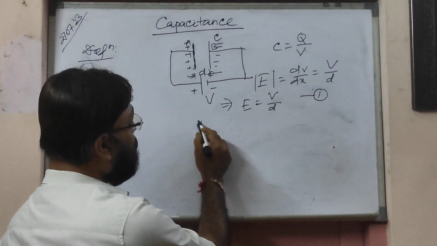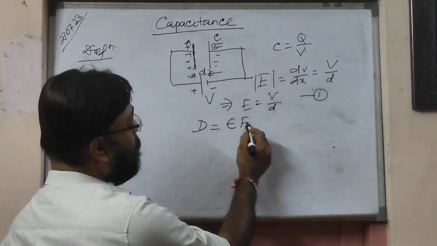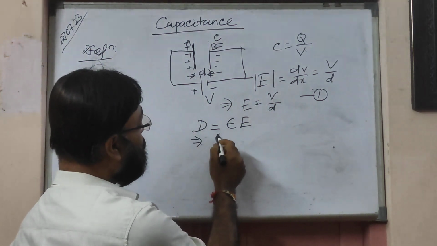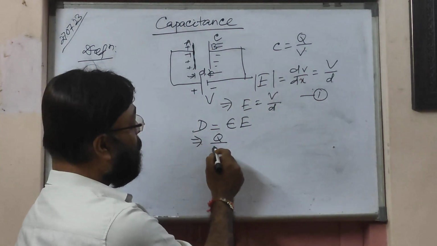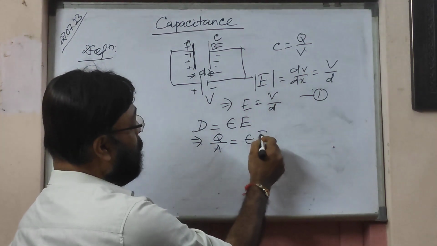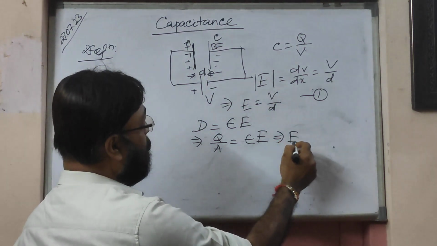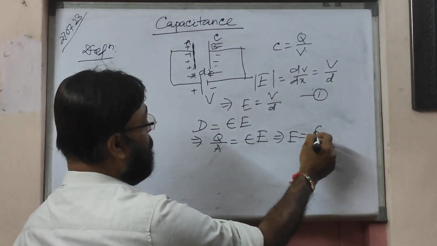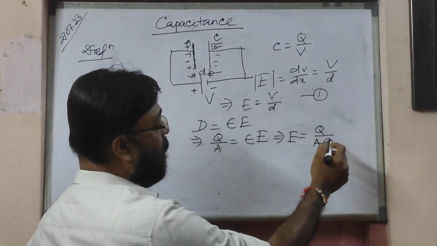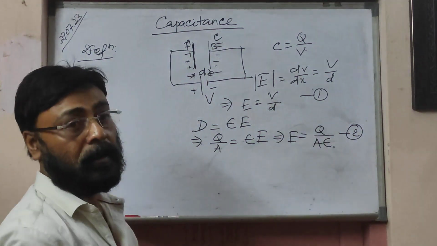Now you know that the electric flux density is given by D is equal to epsilon into E. The electric flux density is charge per unit area, so it is equal to Q by A. From this we can get E is equal to Q by A into epsilon. Now compare these two equations, equation 1 and 2.